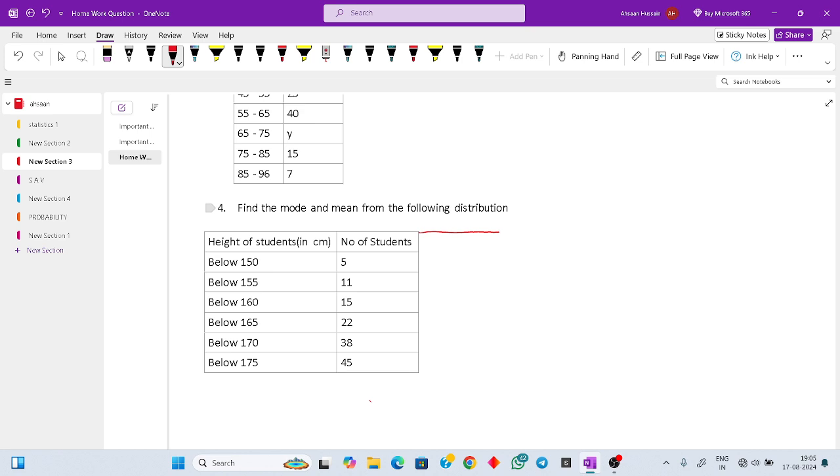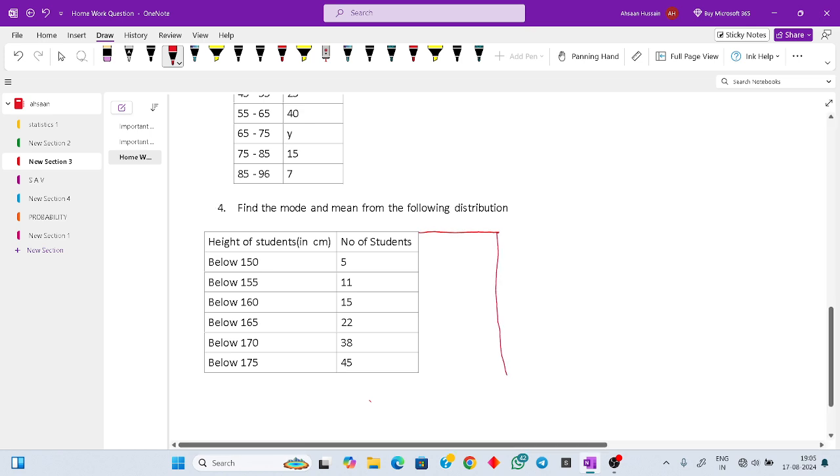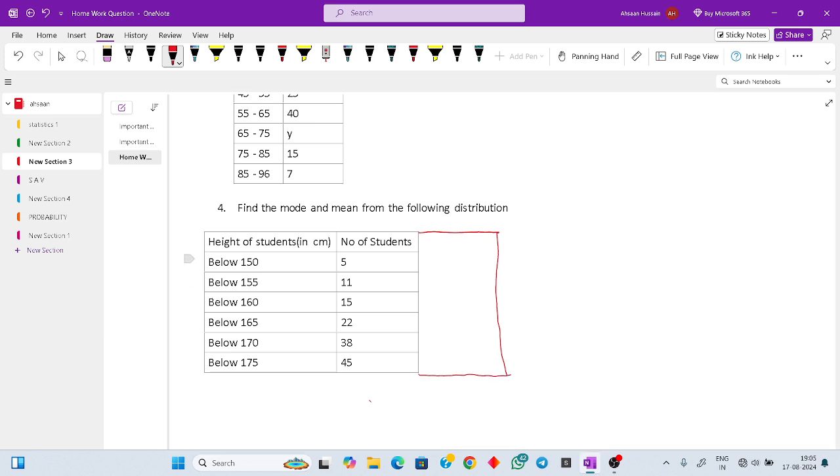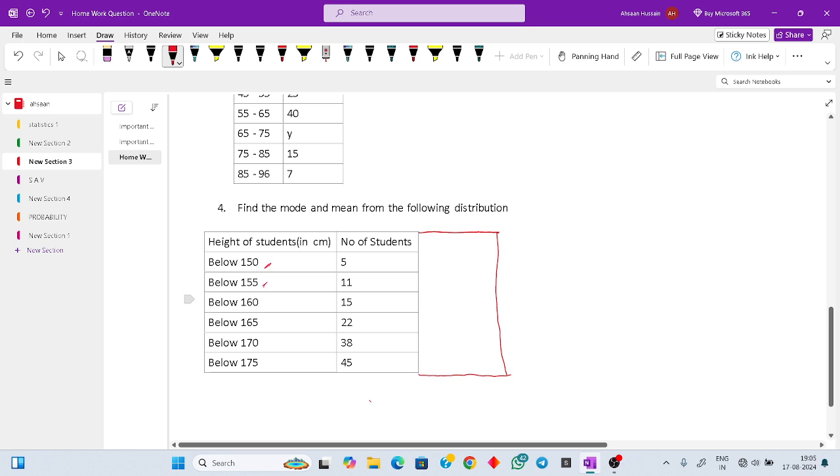So what we have to do is follow the pattern first. See what is given: below 145, below 150, below 155, below 160, below 165, below 170 and below 175.